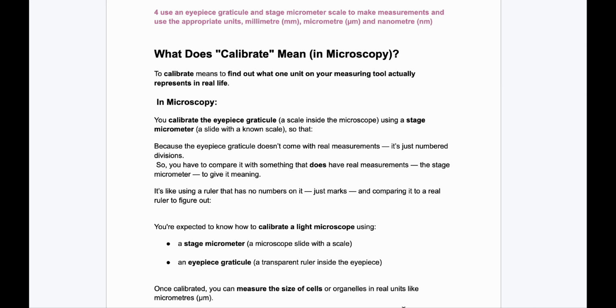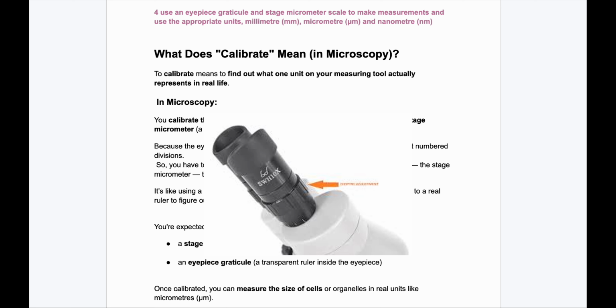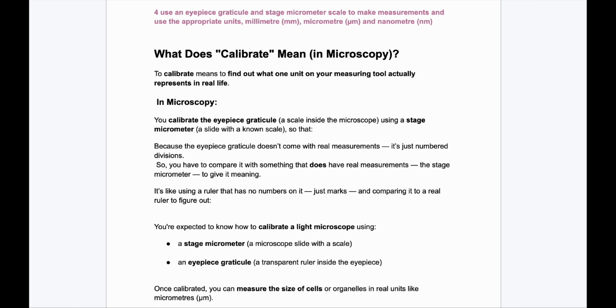What does calibrate mean? It means to find out what one unit on your measuring tool actually represents in real life. So the eyepiece graticule goes inside the eye lens, and the stage micrometer scale goes on the microscope stage where the glass is.